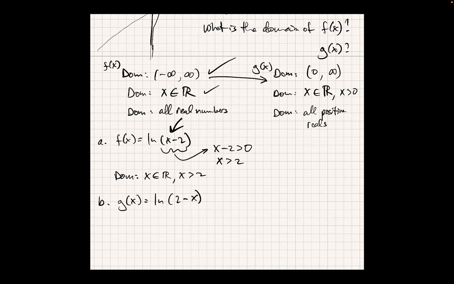The idea here was that what's inside the parentheses can't be 0 and can't be less than 0. It has to be greater than 0, so that's why I wrote it out this way. Natural logs can't deal with 0 or negative numbers.